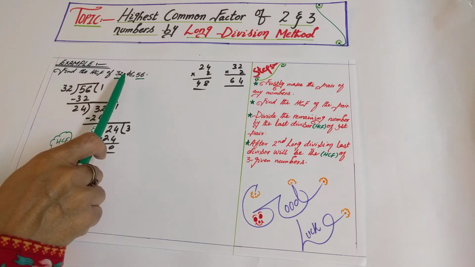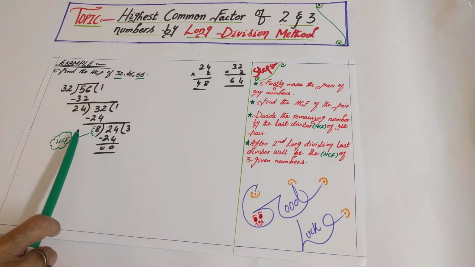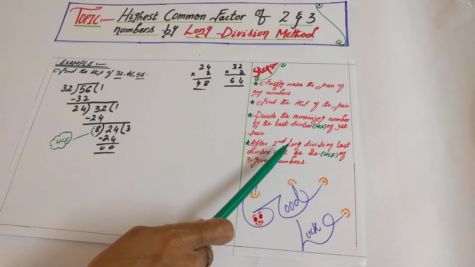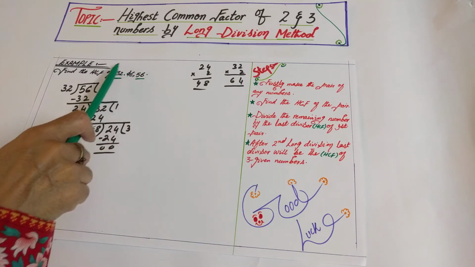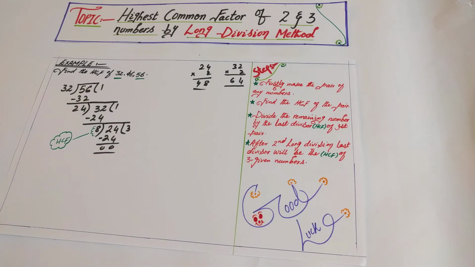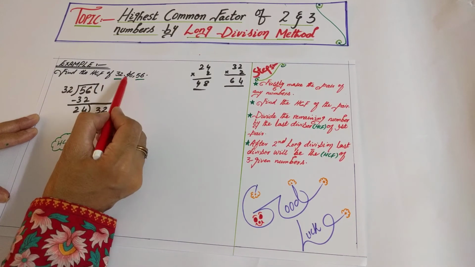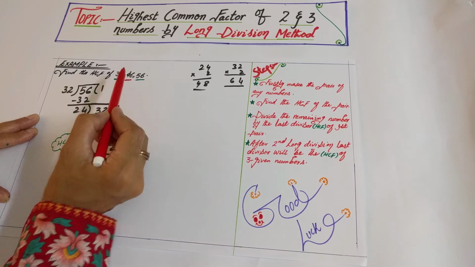After this second long division, the last divisor will be the HCF of these three numbers. 8 is not the final HCF because the left number is 46.